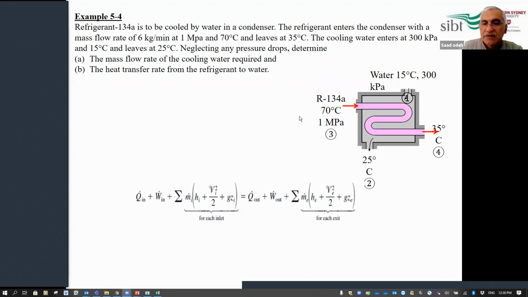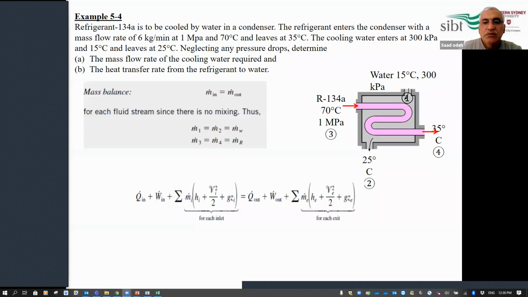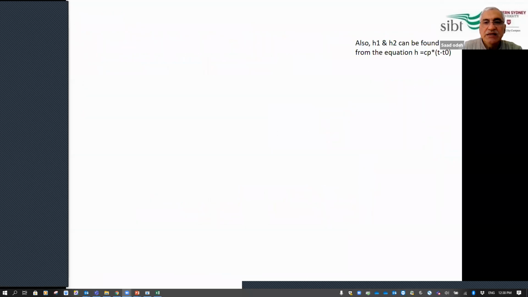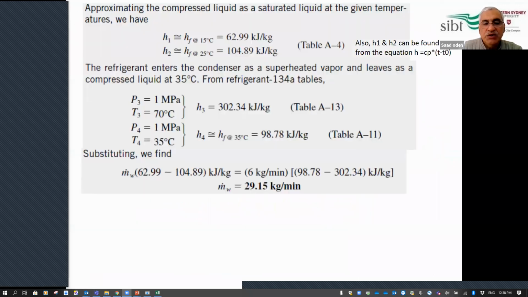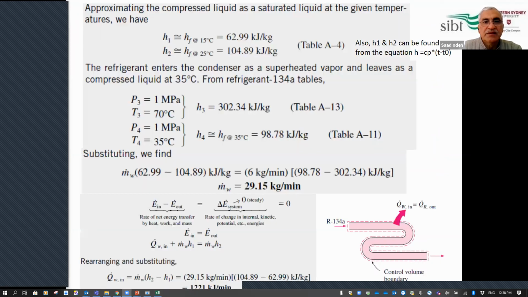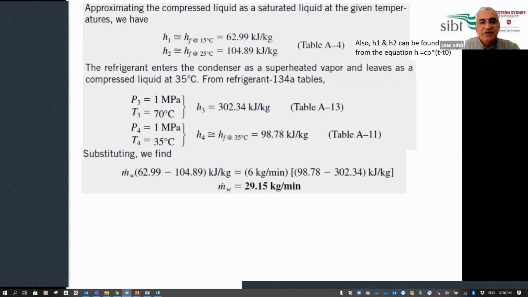In the lab, you will have an experiment on a heat exchanger, which is similar to this example. So we'll go through this example next week, and if you have any question, please let me know. All right. Any question before we leave, guys?